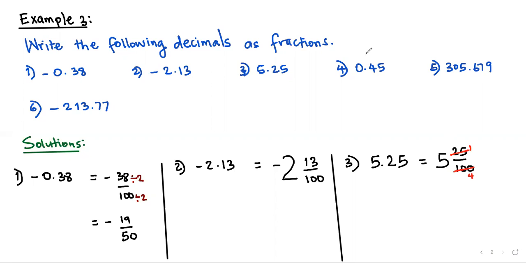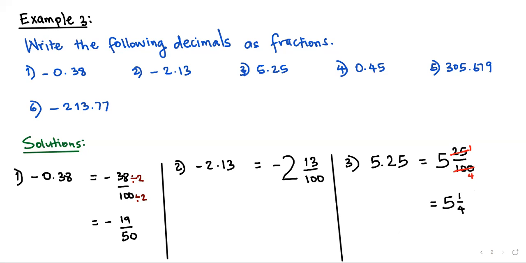So what is our answer then? 5 and 1 out of 4. By the way, if you do not want to say 1 out of 4, you can say a quarter. So you can say 5 and a quarter. Is that okay?